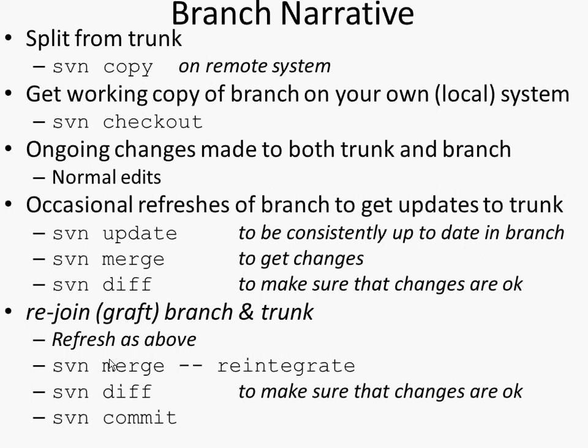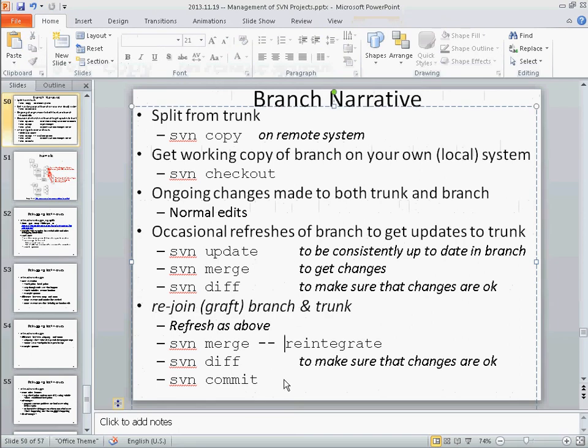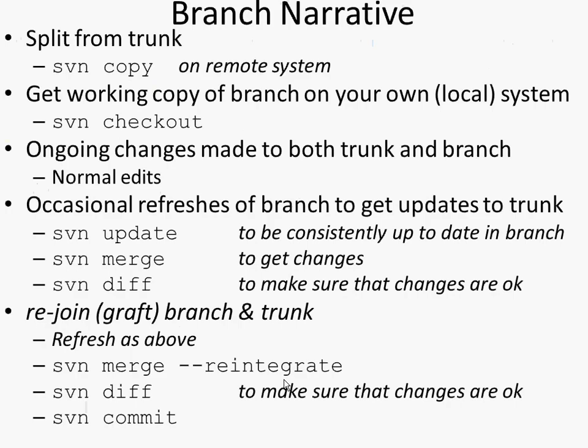Okay, so here we are seeking to rejoin the branch. So here we'll do something called SVN merge --reintegrate. Integration basically will merge this branch back into the trunk. Ladies and gentlemen, how does it know where to reintegrate it?